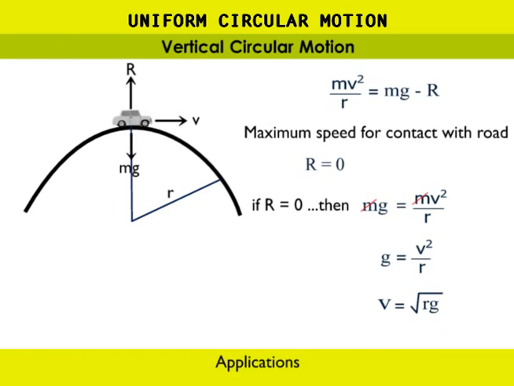This is the maximum speed that the car can travel at to remain in contact with the road. From this, we can find the maximum speed by simply getting the radius of curvature. Again, this maximum speed has nothing to do with the mass of the car, which is surprising actually.